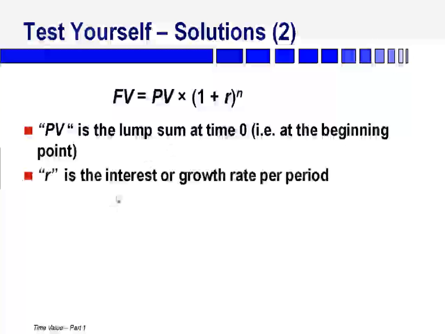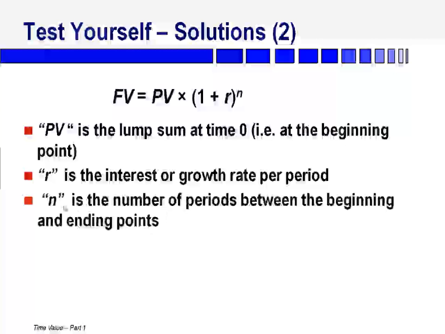R is the interest or growth rate per period. It could be an interest rate, it could be just the percentage change in that value over each period. And that R has to match up with the number of periods. So if you've defined a period as a year, R would be the interest rate per year.